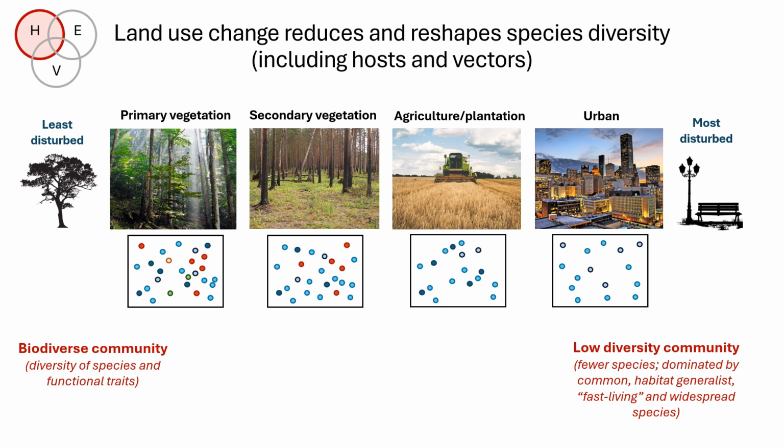And so on the left-hand side, we can see this highly biodiverse community with lots of species, including quite a few rare species that exist at quite low density. But then as you move along this gradient and towards progressively more disturbed habitats, what we see is the loss of those more human sensitive and rarer species and their replacement within the community with fewer species, many of which tend to be more common habitat generalist species that have a faster pace of life and which are often more resilient to human disturbance and may live at higher abundances.